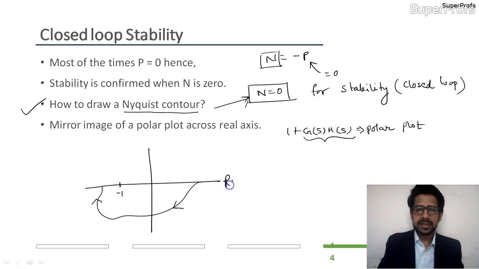So this is the real axis. Across this axis, I have to draw the mirror image.